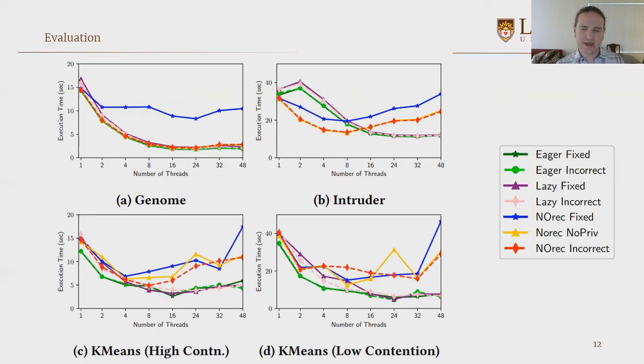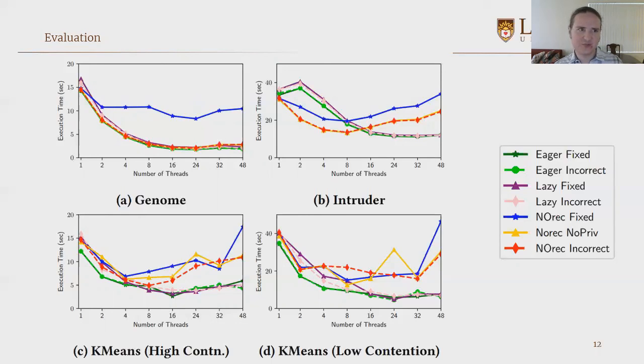Eager is an undo-based STM, and lazy is a redo-based STM. And NOrec is an STM with no ownership records, and fixed refers to our version where we remove quiescence and use atomic variables. No priv means we use the incorrect version of privatization, but we do use atomic variables, and incorrect means everything about it is wrong.